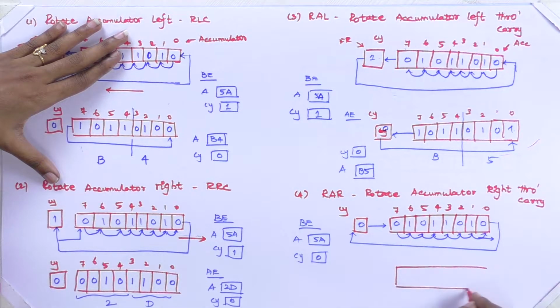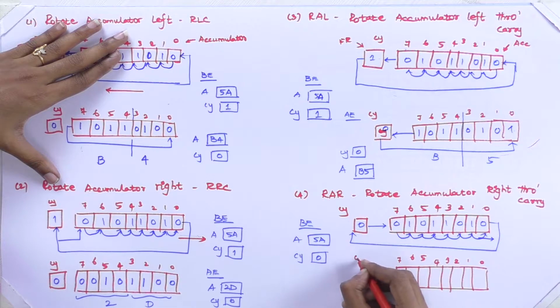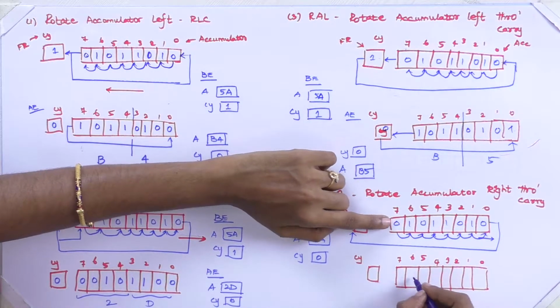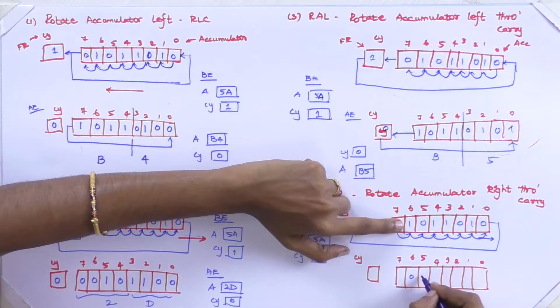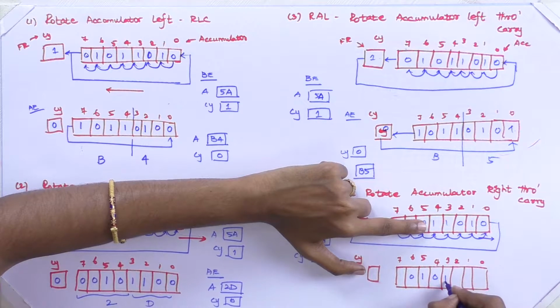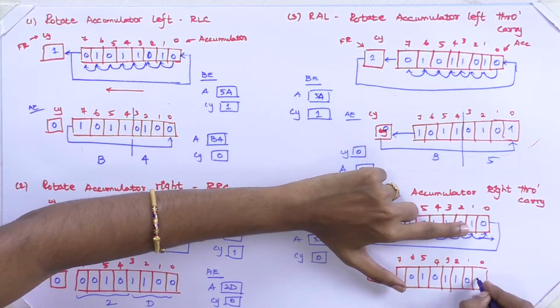So after execution, what will happen? 7 to 6, 6 to 5, 5 to 4, 4 to 3, 3 to 2, 2 to 1, 1 to 0.